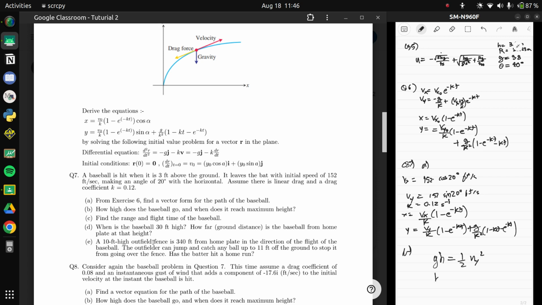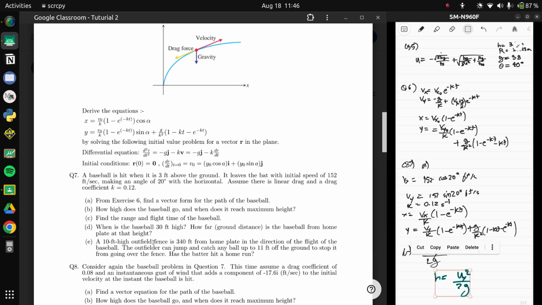Your h will be uy squared upon 2g. So what is uy squared? It's just this quantity, so vy squared upon 2g. That's how high it will go.